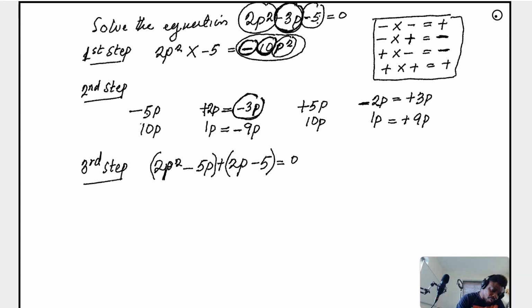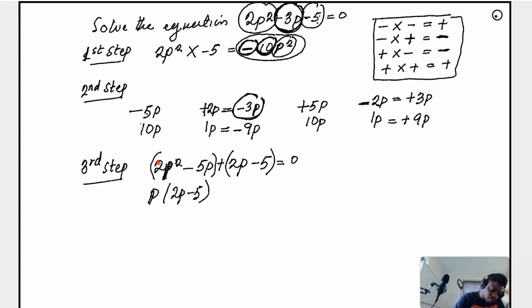Now, what is common between 2p squared minus 5p? That is p. So this will be p(2p minus 5). I know you are confused with that, but that is elementary mathematics, and I will explain.